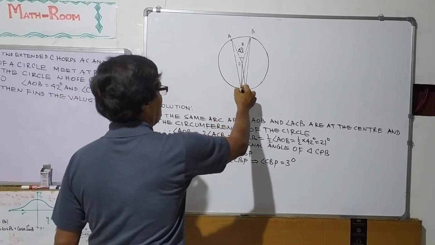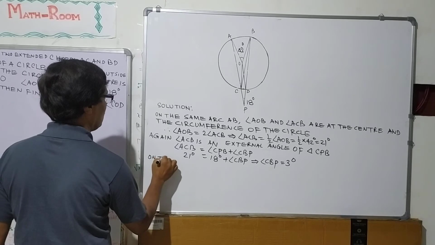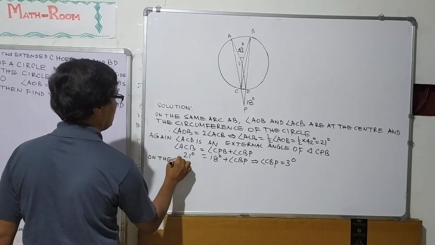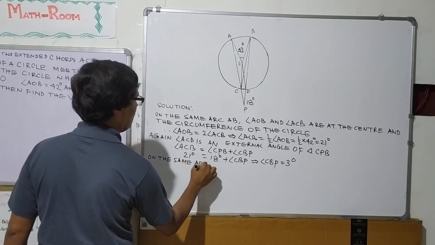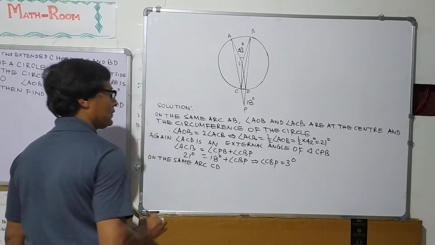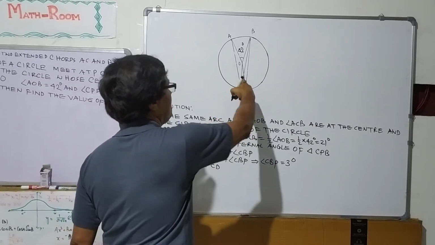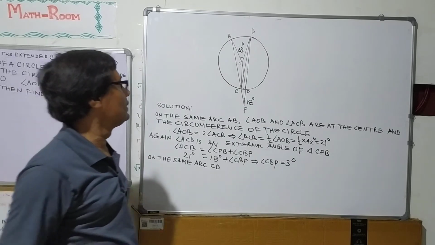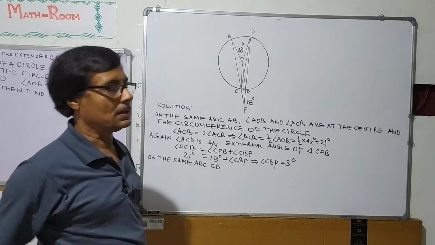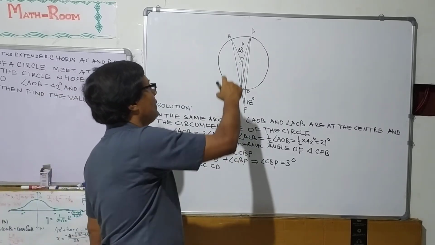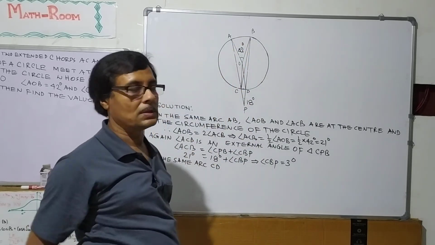Again, on the same arc CD, COD is an angle at the center of the circle, and CBP is an angle at the circumference of the circle.